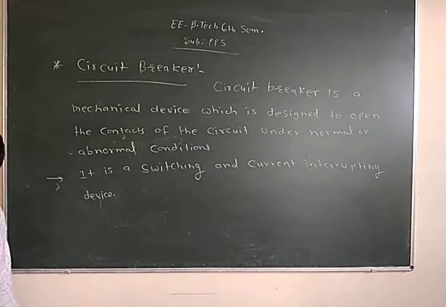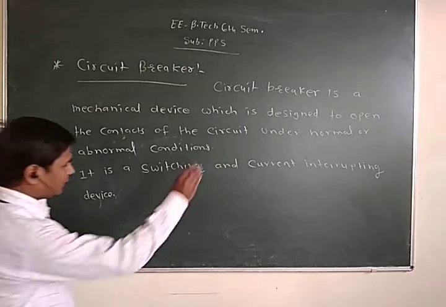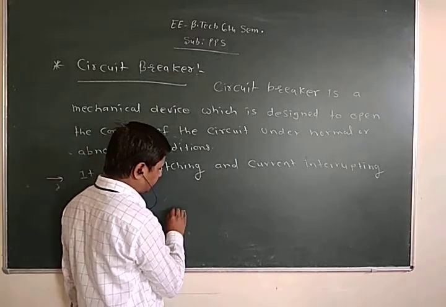So basically, a circuit breaker consists of two parts. One is the fixed contact and the second is the moving contact.